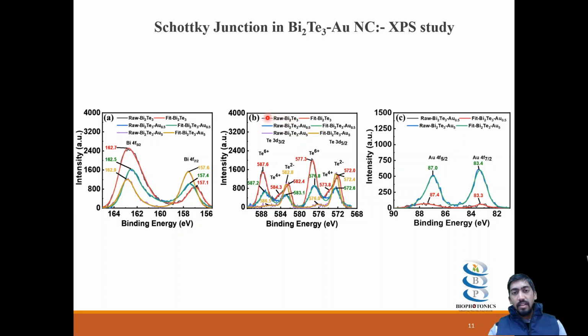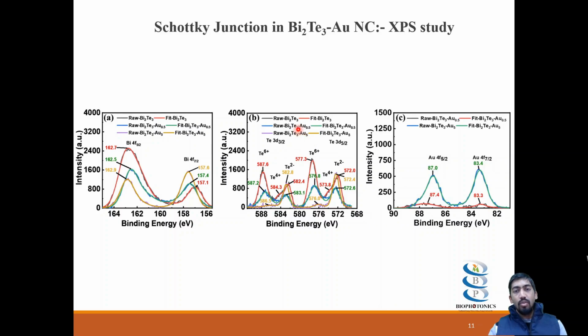In the second figure, we can see the tellurium 3d 5/2 and tellurium 3d 3/2 peaks of bismuth telluride. When there is no gold in the reaction, we can clearly see the oxidized peaks of the bismuth telluride predominantly at 577 and 587 electron volts.